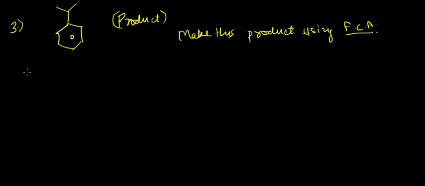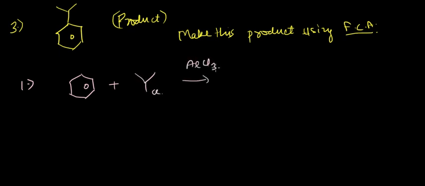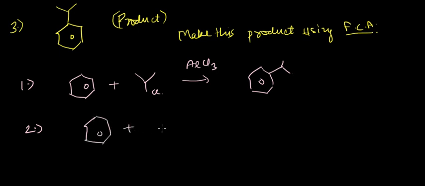So what are the different ways in which you can make this compound? The first method could be you can have a benzene ring and you have this reagent in presence of AlCl3, you will get this compound. Second could be you have this benzene ring and you have this as OH in presence of H plus, some heating may be required, you will get this product.